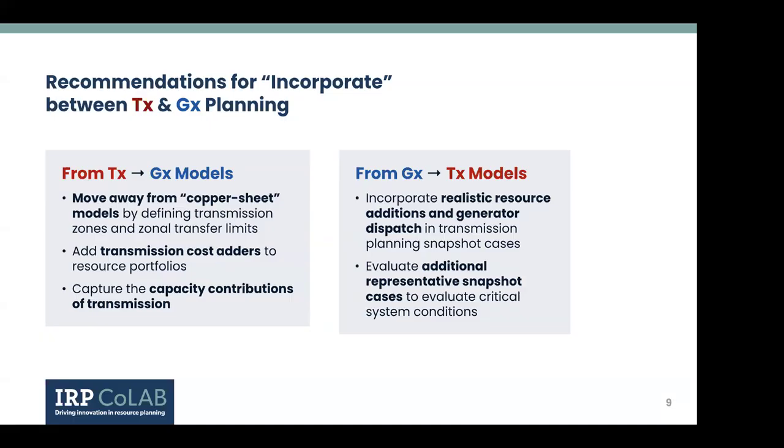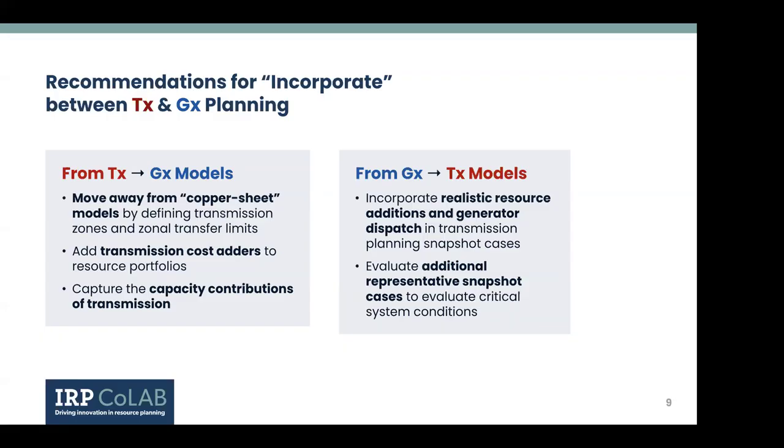Moving in the other direction, so incorporating information from generation to transmission planning models. Option number one here is to incorporate realistic resource additions and generator dispatch into transmission planning snapshot cases. Typically, transmission planners will look at a summer peak, winter peak, and a low load scenario or shoulder season.